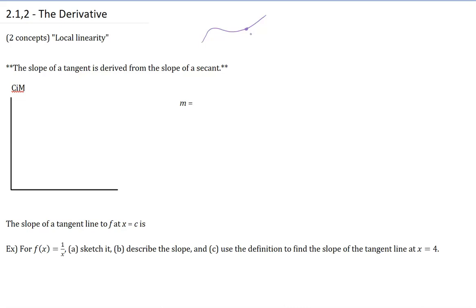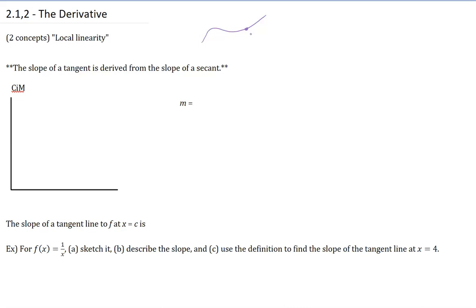We know that that's not linear, but if you zoom in super close on x equals 2 on that point at (2, 4), eventually everything on your screen is going to appear linear because you've zoomed in close enough. So that's called local linearity, and that is where our idea of the slope of a curve at a point, or the slope of the tangent line to a curve at a point, comes from.